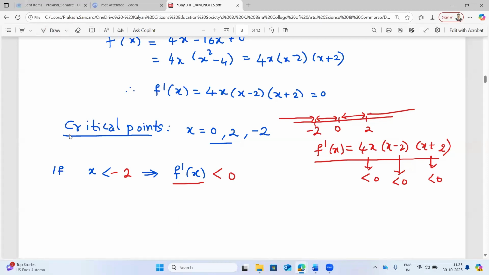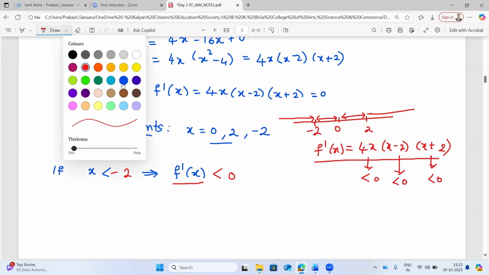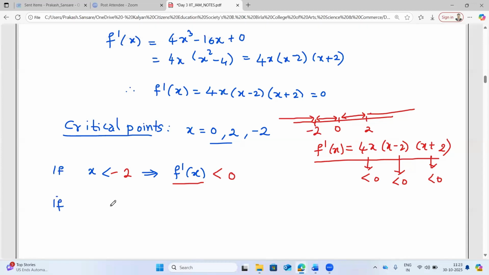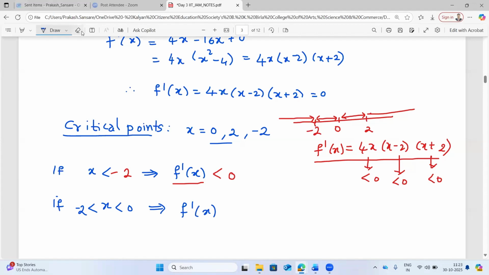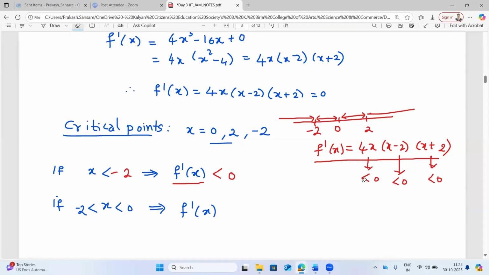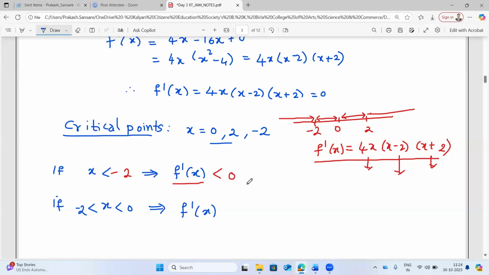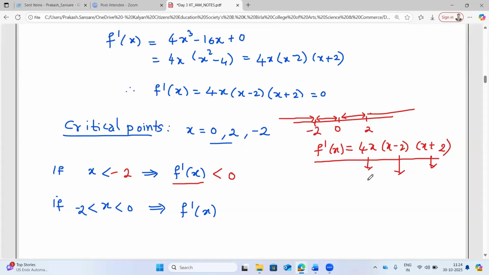Okay, now the second case. If x is between minus 2 and 0, let's analyze the derivative f dash x, whether it is positive or negative. It will be positive, clearly, because when x is less than 0, this will be negative.